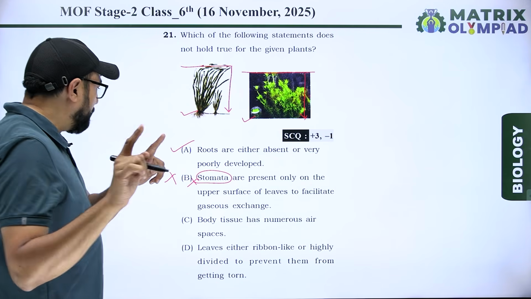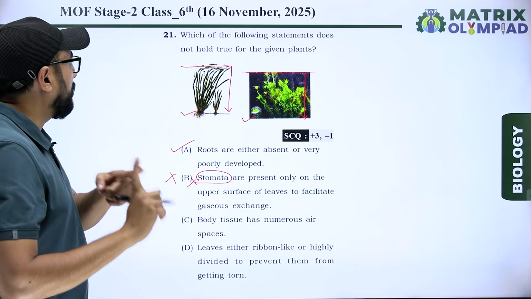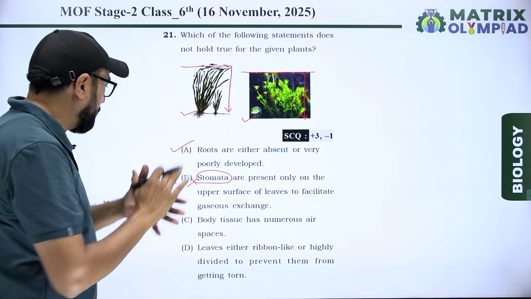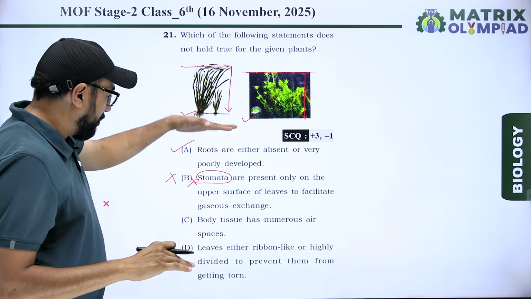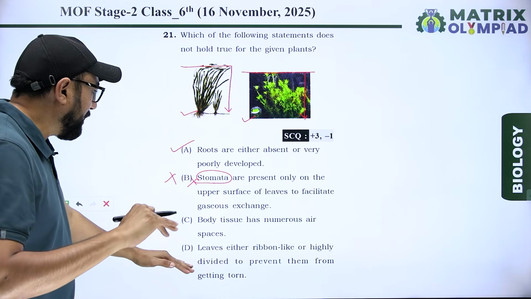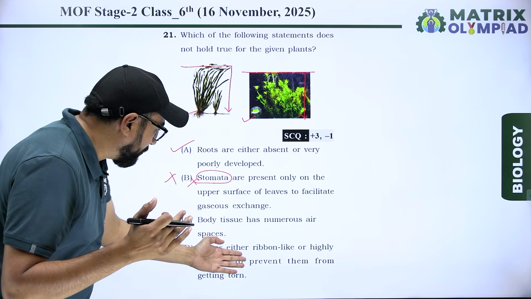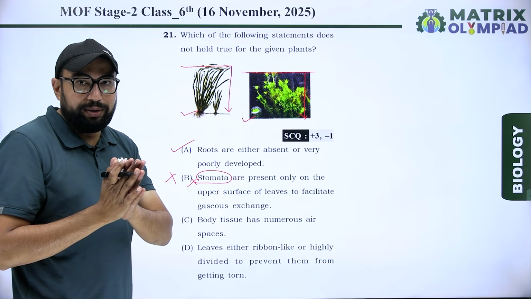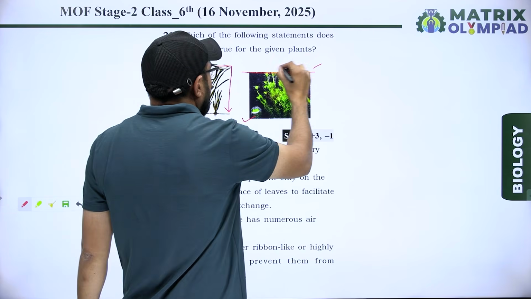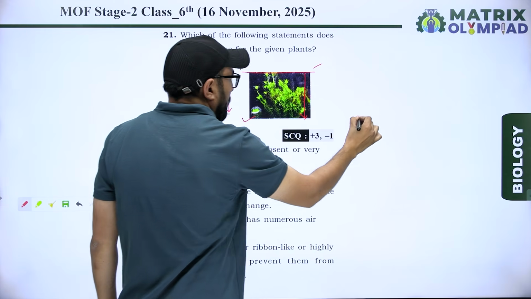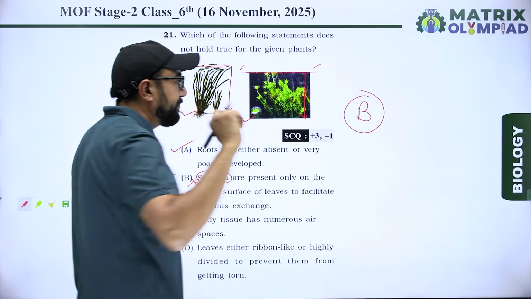So option B is wrong for the given plants. Option C, body tissue has numerous air spaces to float and leaves are either ribbon-like or divided to prevent them from getting torn. These are right, but B does not suit these plants. Option B is right.